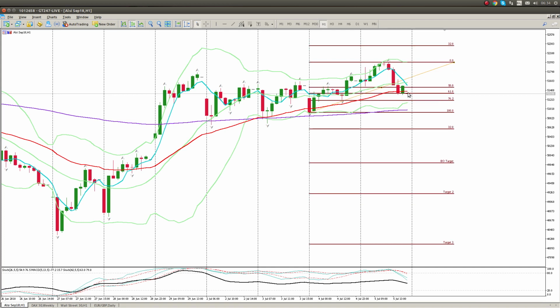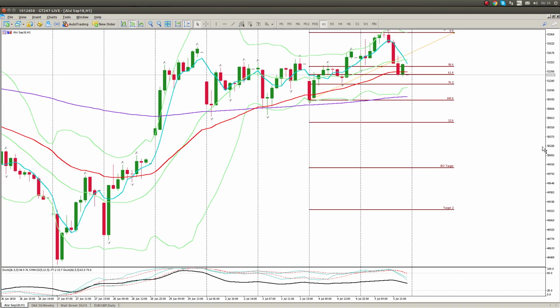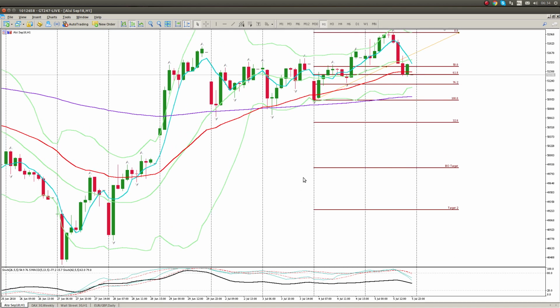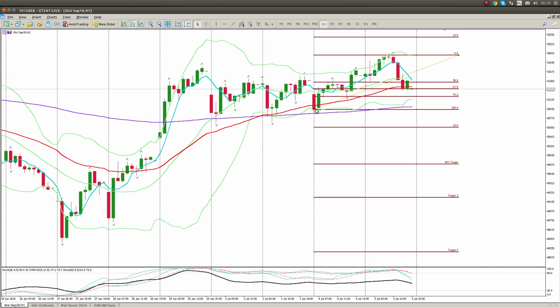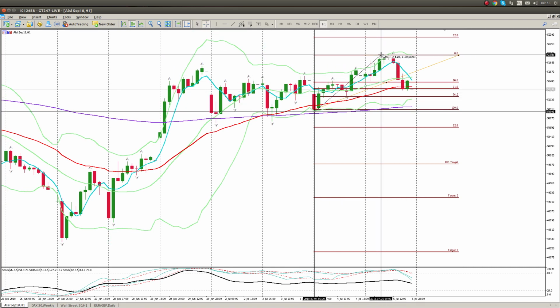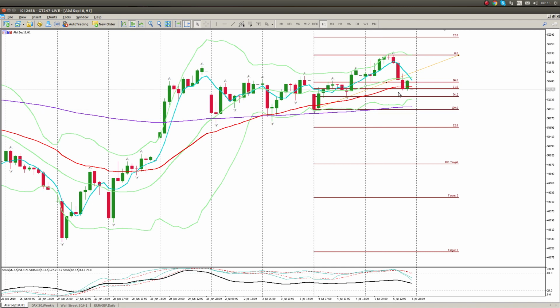we are on a 61.8 retracement of this move to the upside. So if I extend that slightly, we've had a pretty strong move from here. That was a 1,000-point move, and we've now retraced basically 600 points. And to me, this is a retracement to continue the break of this range.